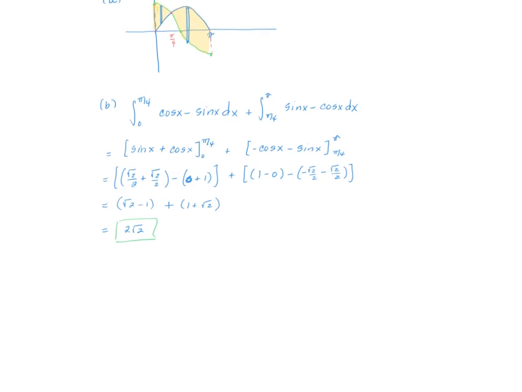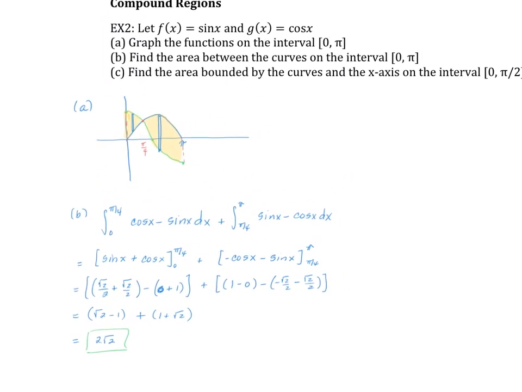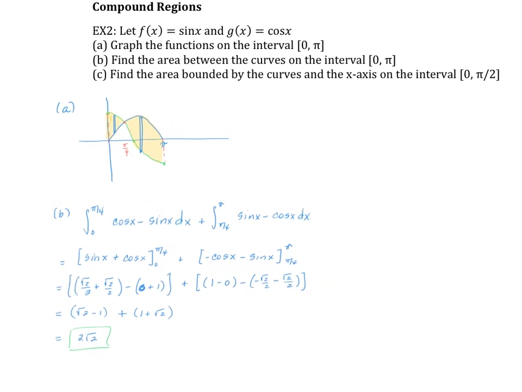What I'd like to do is go back up to the question. The second part says, find the area bounded by the curves and the x-axis on the interval from 0 to pi over 2. So let me go ahead and sketch that again. We have this graph, but this time we're only going to go to pi over 2.